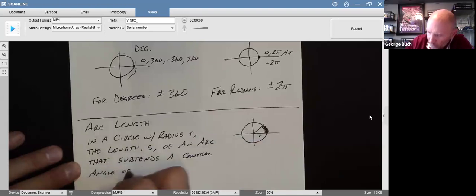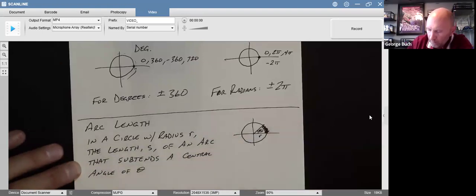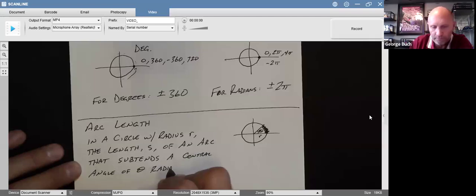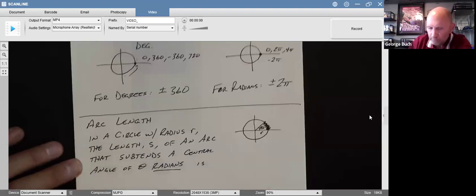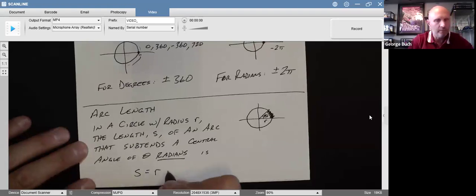So now let's say this angle in here, we don't know what it is. We're going to call it theta. But here's the key point. Theta radians is given by the following. S, that distance around, is equal to r times theta.